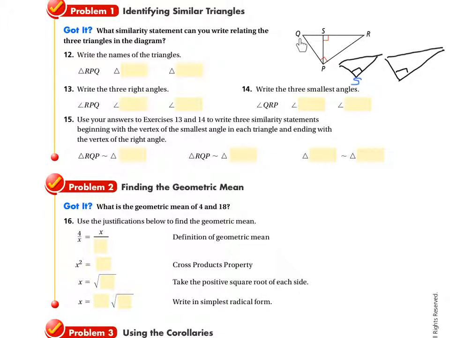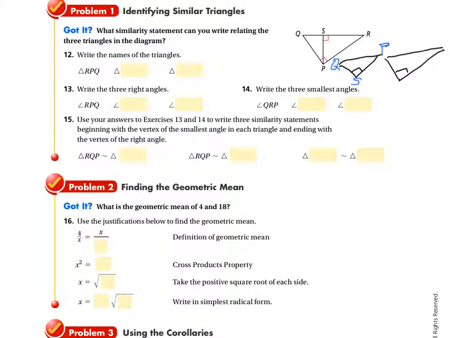So then I'm going to put Q right here. What letter is left that I haven't named for the small triangle? P. So that means P must go here. Then I have to take the medium triangle, which is this one here, and I've got to name that one. So again, if this is where my right angle is, because it correlates to that angle, isn't S where my right angle is on the medium triangle?